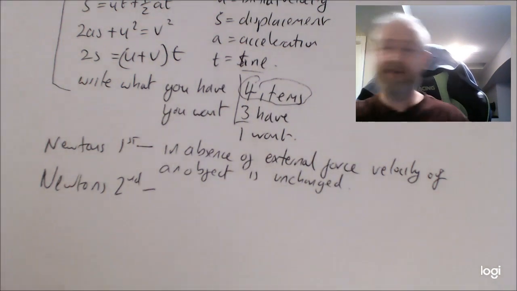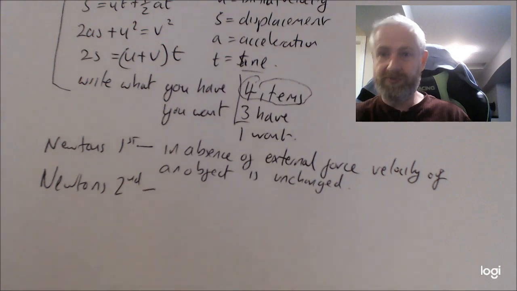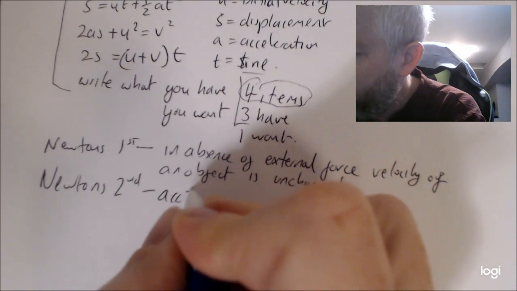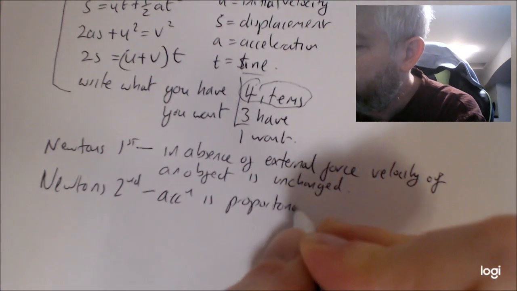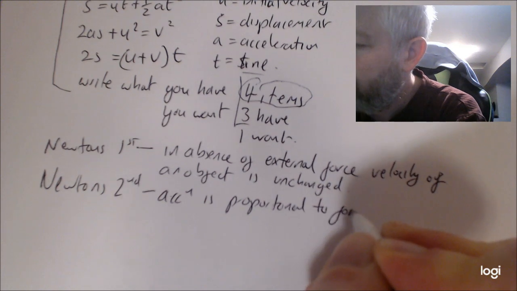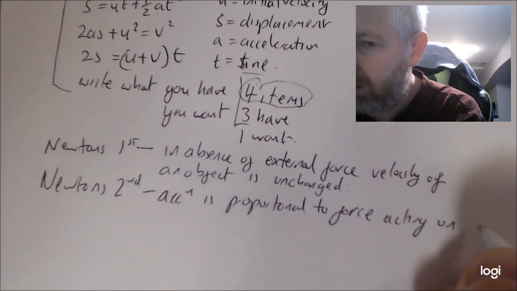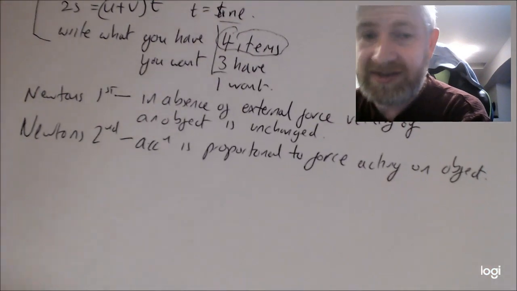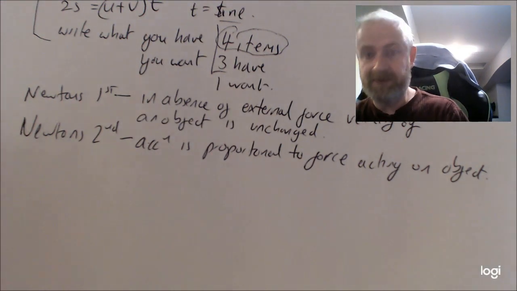And Newton's second law is that the acceleration of an object is proportional to its force and inversely proportional to the mass of the object. So, acceleration is proportional to force acting on the object, and the acceleration is inversely proportional to the mass of the object.